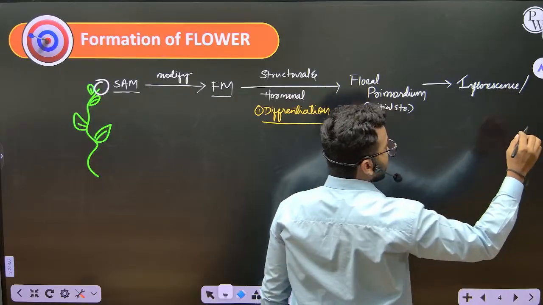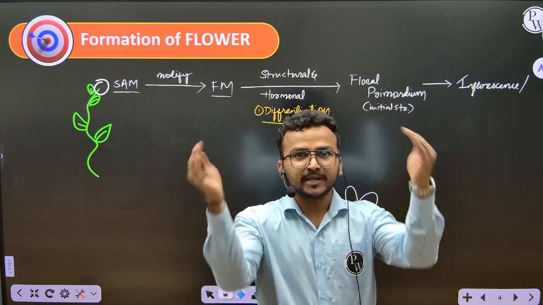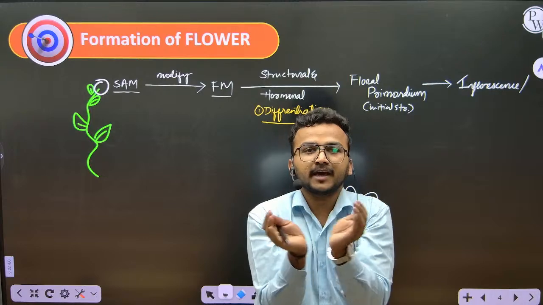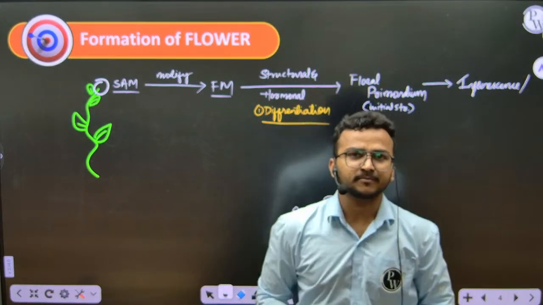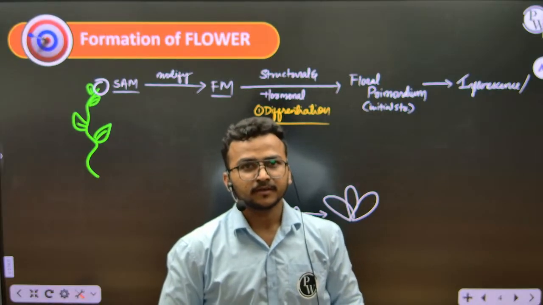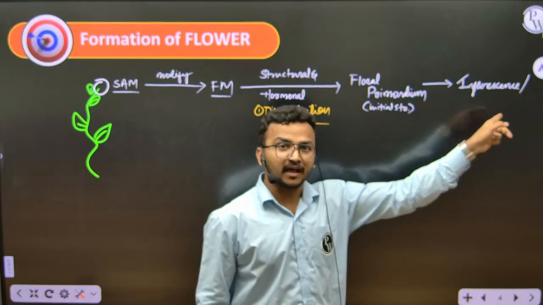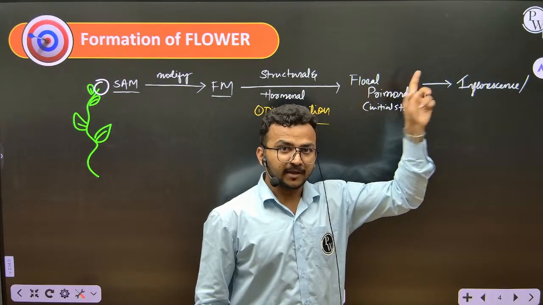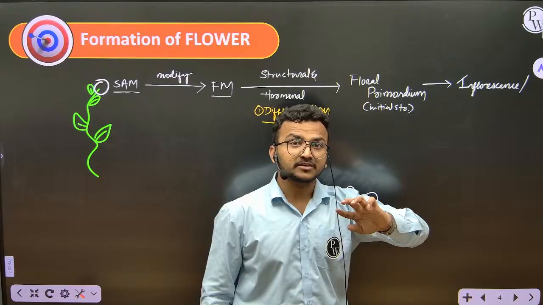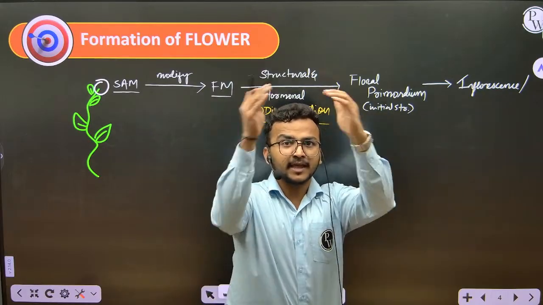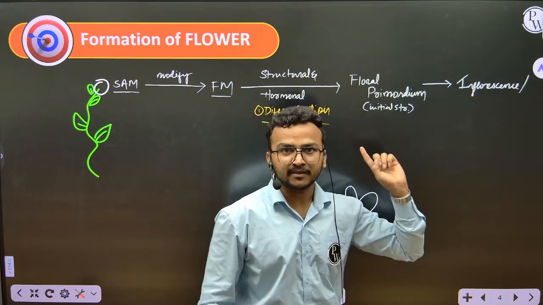or if the flowers are forming like a bouquet, means they are arranging. Inflorescence means what? This also you learned in morphology of flowering plants. The arrangement of flowers on the axis, I am calling it inflorescence. If a plant is showing many flowers on an axis, I am calling it inflorescence.